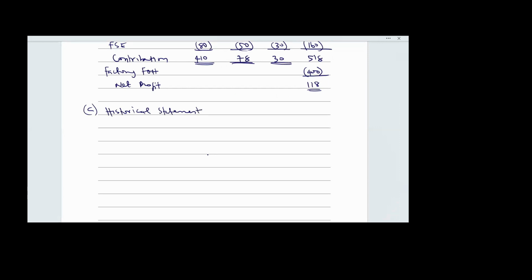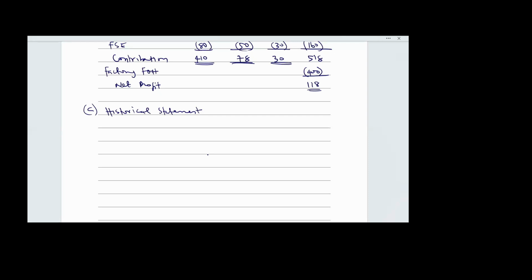Okay. Now, you can say historical statement after closing down of Benin and Kaduna Depot, or you say it's historical statement for Lagos Depot, however you want to put it. You are still speaking the same grammar.